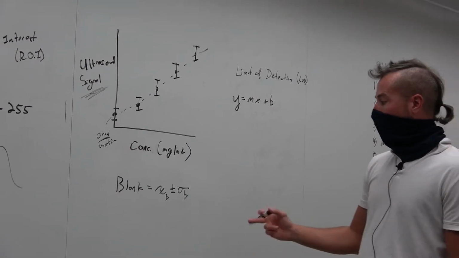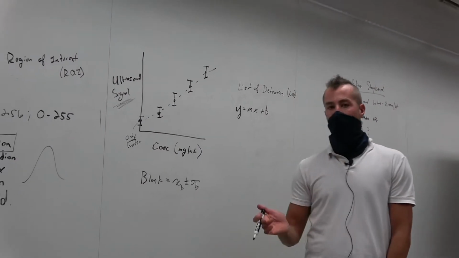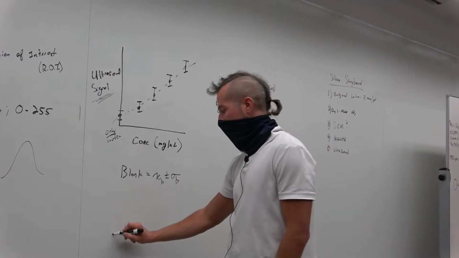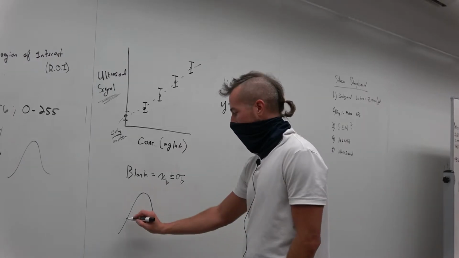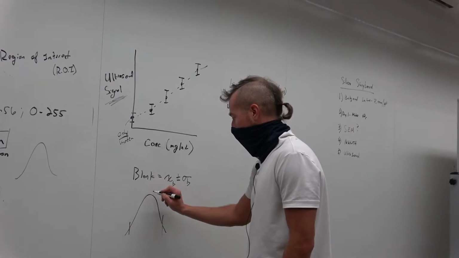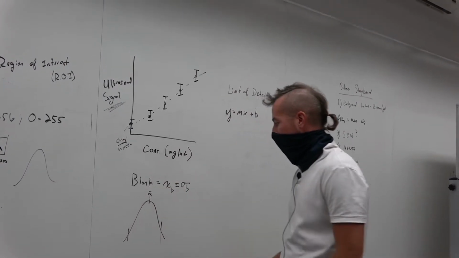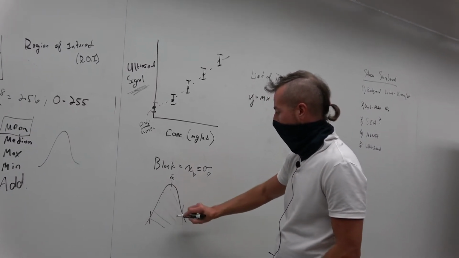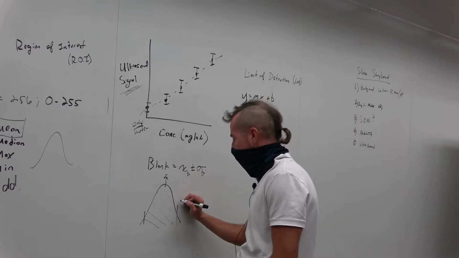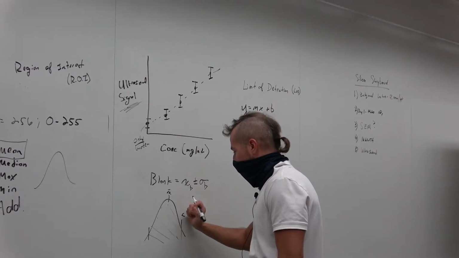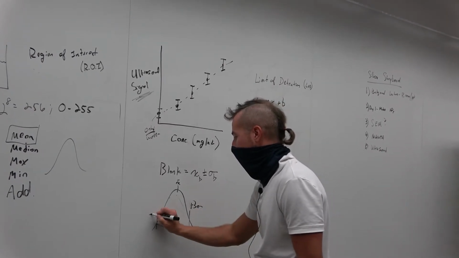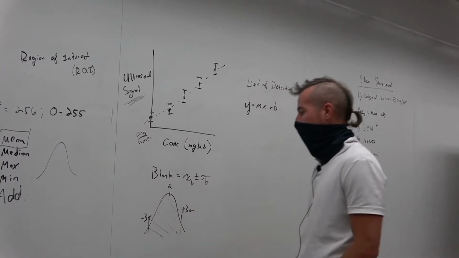Now, if you recall from statistics that 3 standard deviations generally gives you 95% confidence, if you think back to a Gaussian curve that has an x bar, 95% is between plus 3 standard deviations and minus 3 standard deviations.